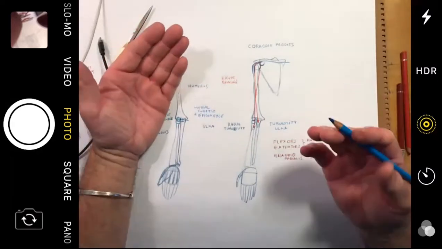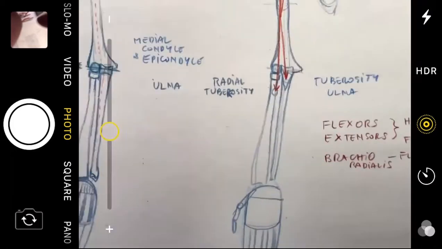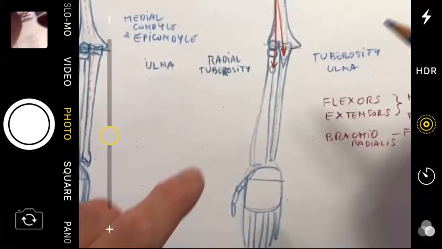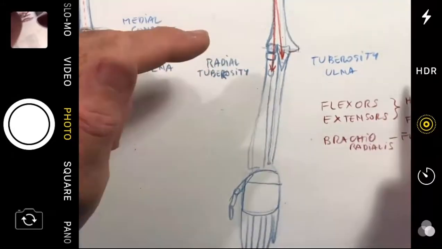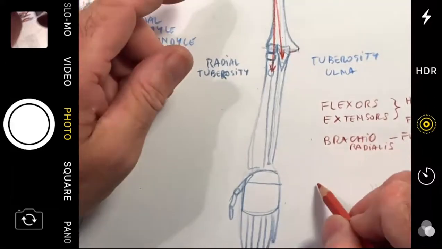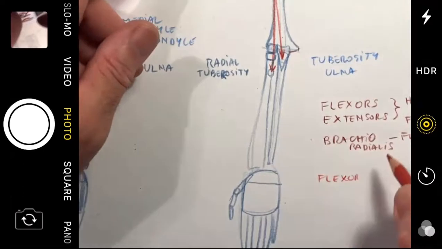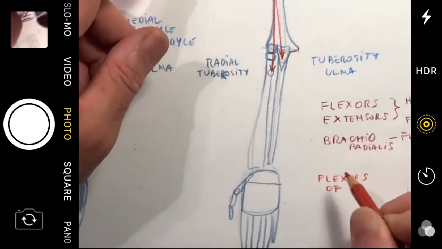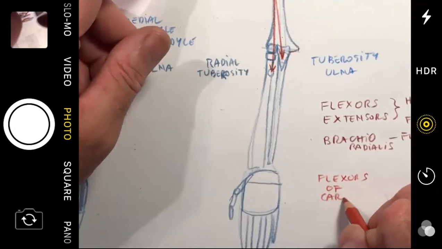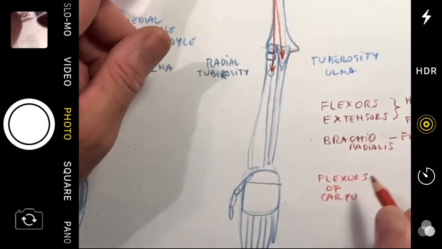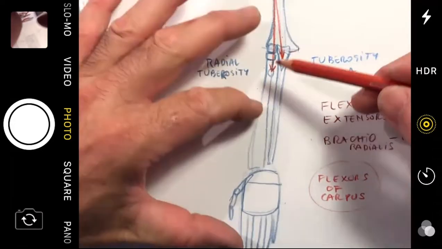So let's look now at a detail of the forearm here like this, right? And let's start with the flexors of the hand and fingers, or flexors of carpus, because I'm going to limit the analysis only to the superficial muscles.